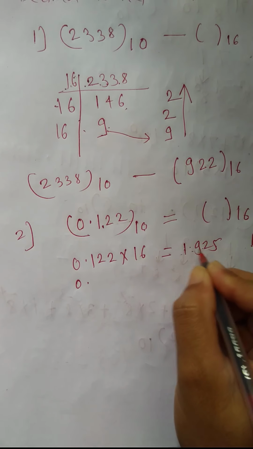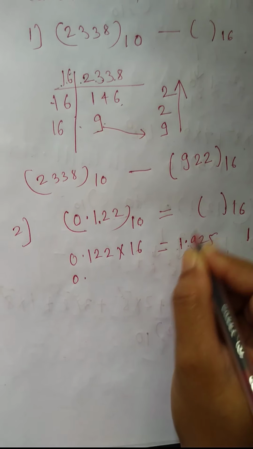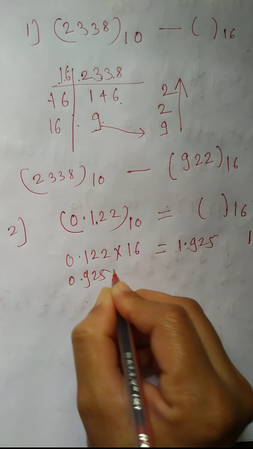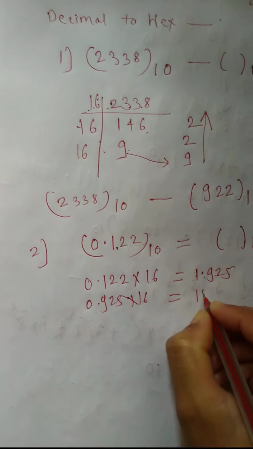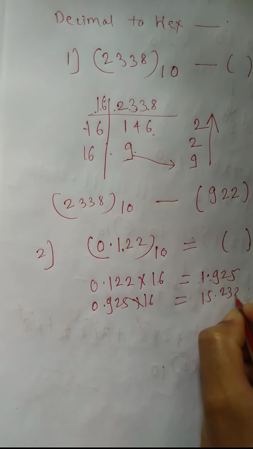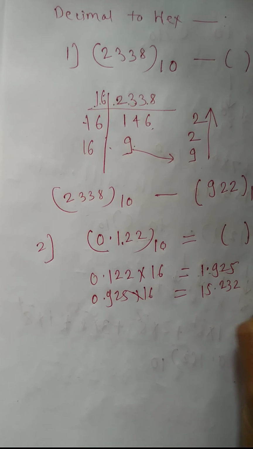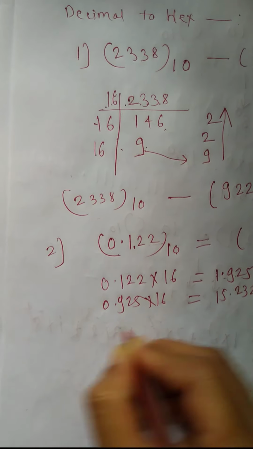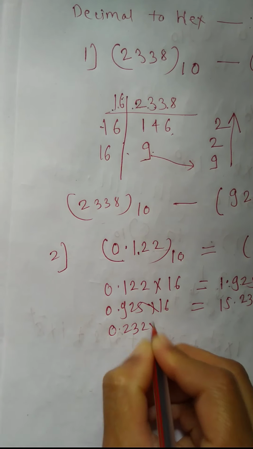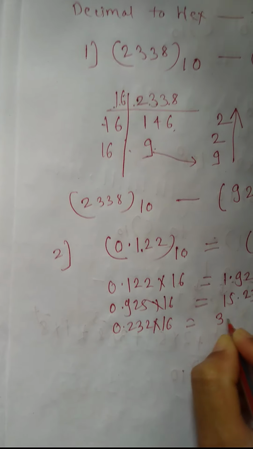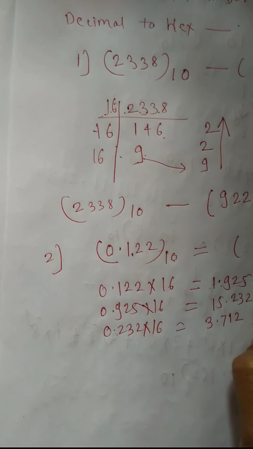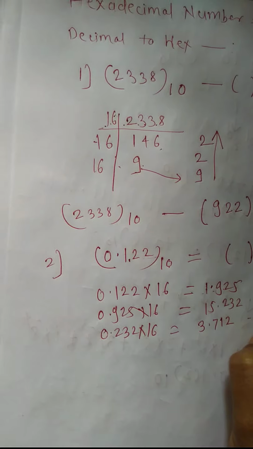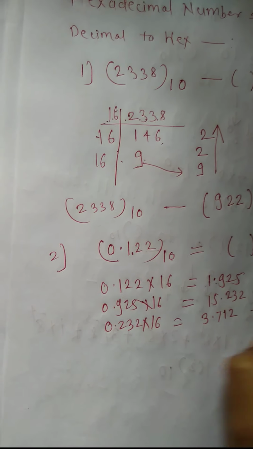Again from 1.925, the 0.925 is multiplied by 16, so the answer is 15.2. From this answer, 15 is recorded. Again 0.2 into 16, the answer is 3.2, so 3 is recorded here.